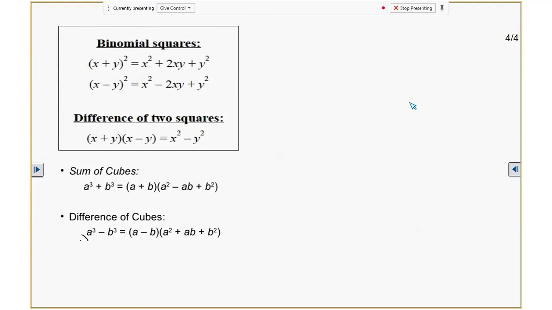There you go. There's 5 shortcuts. 1, 2, 3, 4, 5. Now, in order for you to use the shortcuts, you got to know your perfect cubes and perfect squares. If I ask you what is the cube root of 8 and you tell me 4, you suck at your perfect cubes.